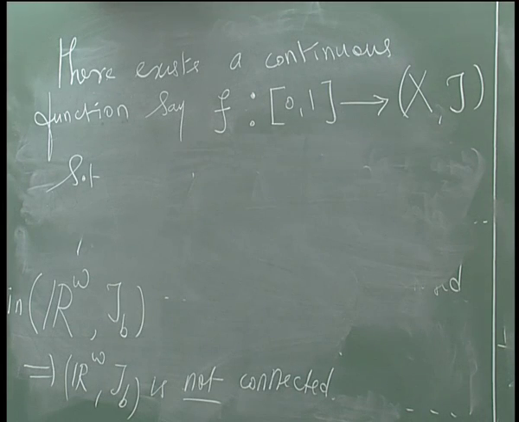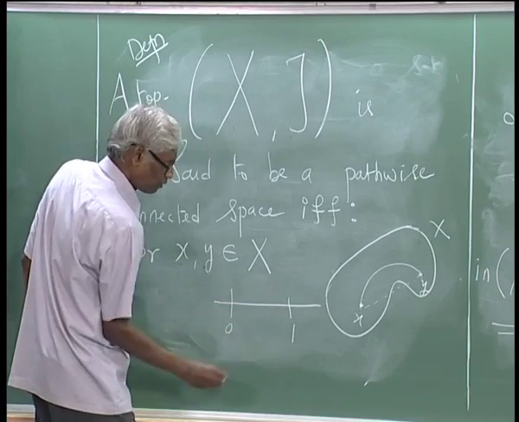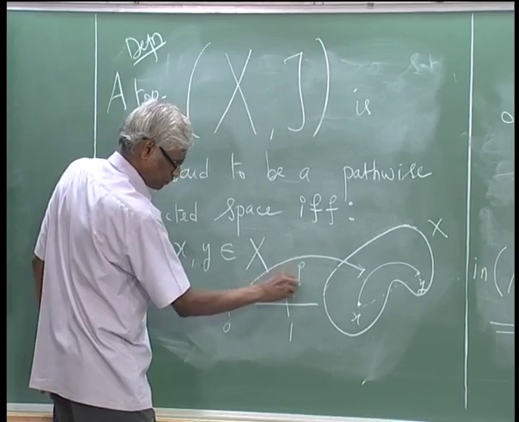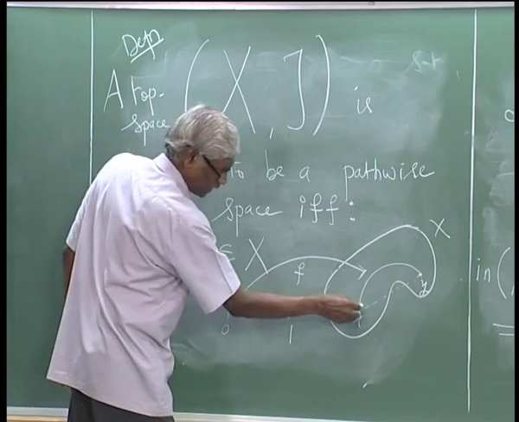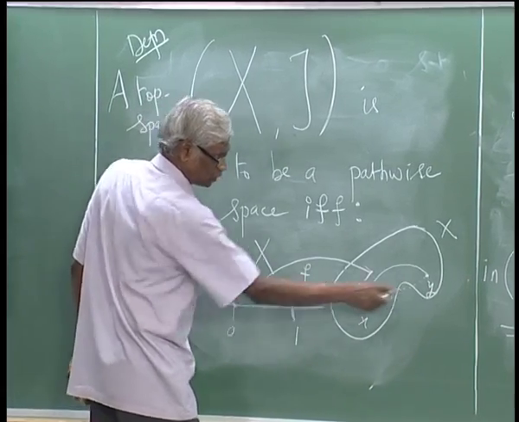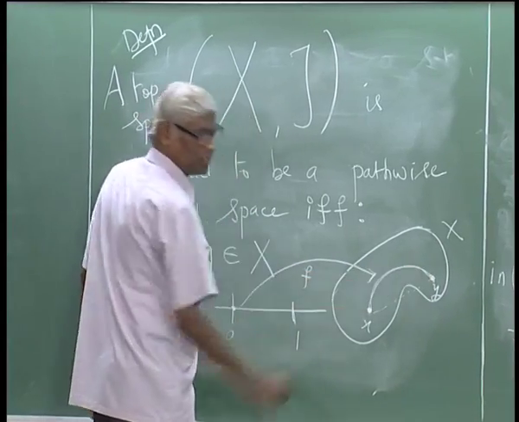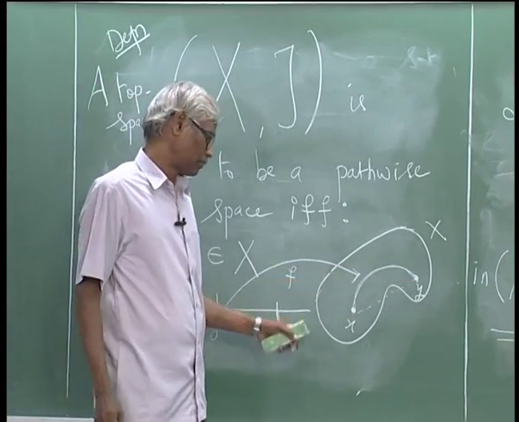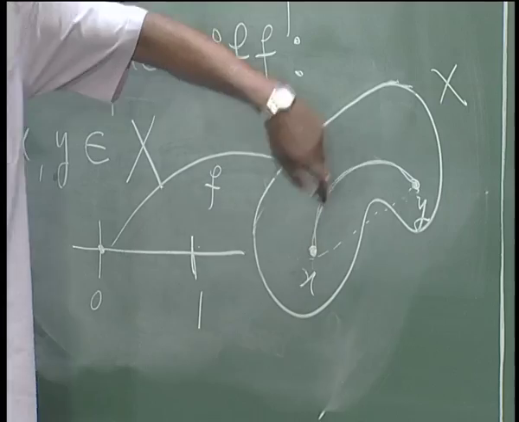So, we have the closed interval [0, 1], and a continuous function f which takes the point 0 to x, and 1 goes to y. Right now we do not worry what happens to the points in between; it will trace a curve.